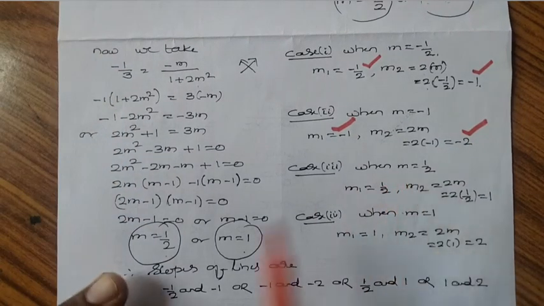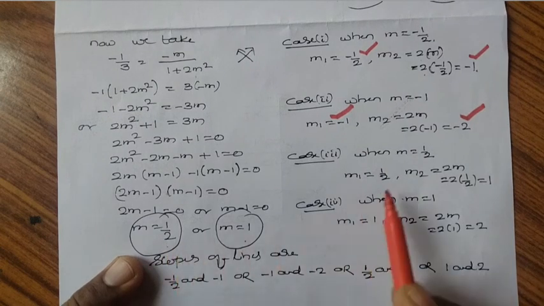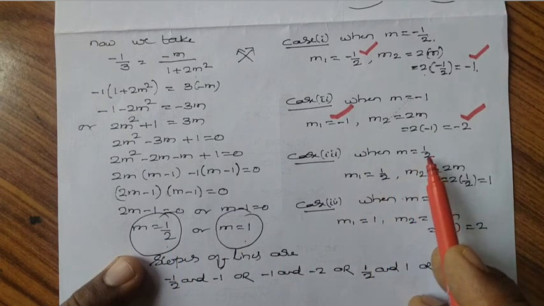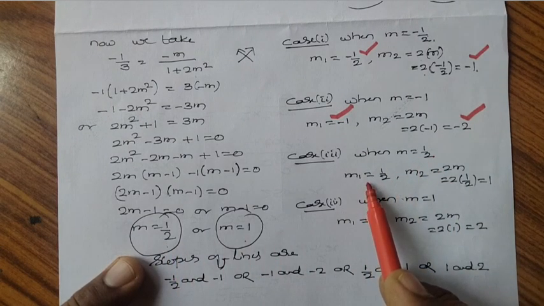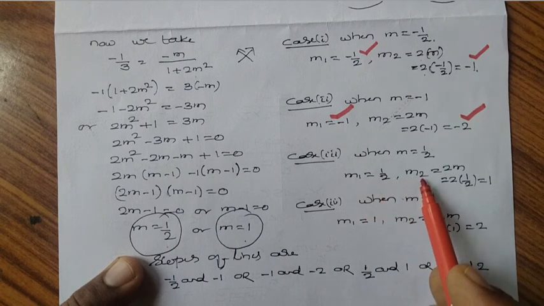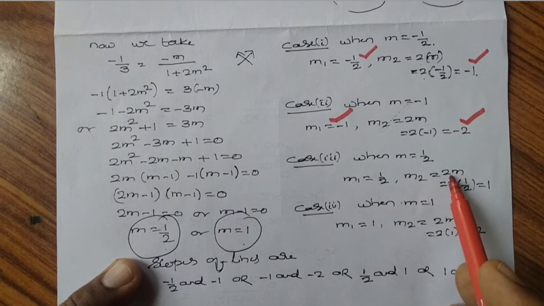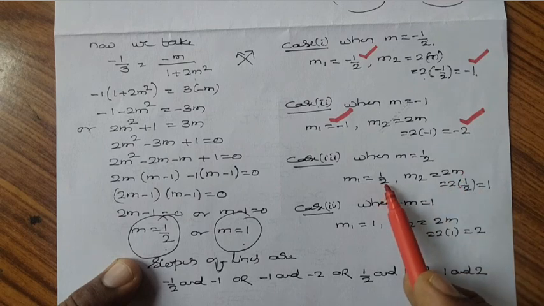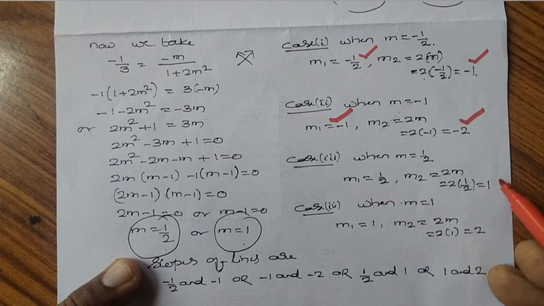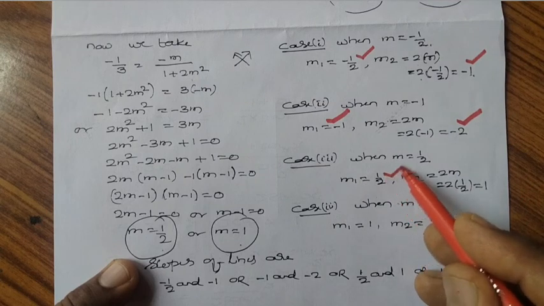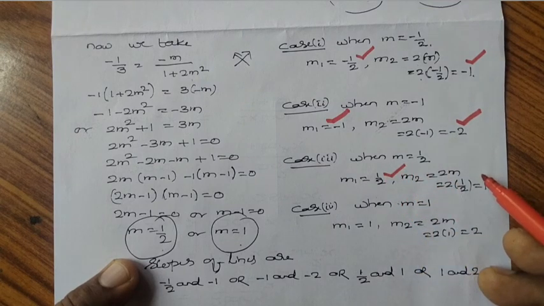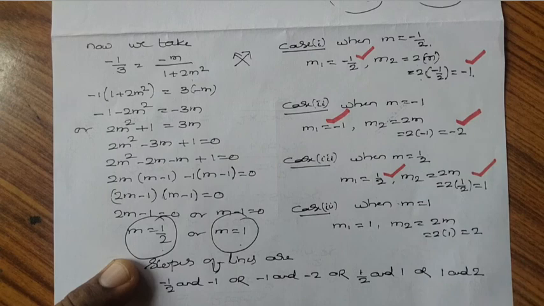Case 3. We take m equals half. When m equals half, meaning slope of the first line m1 equals half, then slope of the other line is m2, that is equal to 2m, as given. Substituting m1 equals half, on simplifying we get 1. So when m1 equals half, then m2 equals 1.